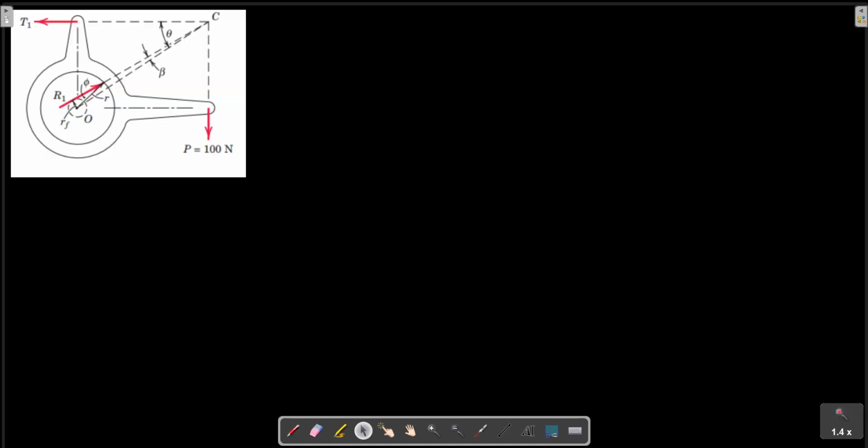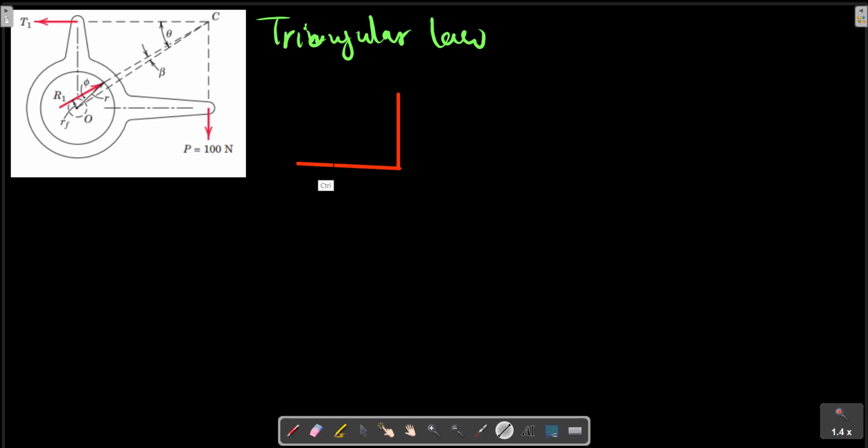With this free body diagram, using the triangular law, at first we sketch P, and at the end of P, T, in which direction the R1 direction is satisfied, we continue with R1.